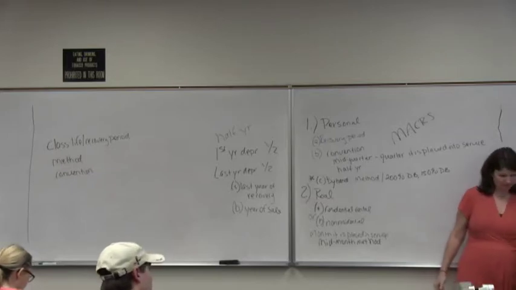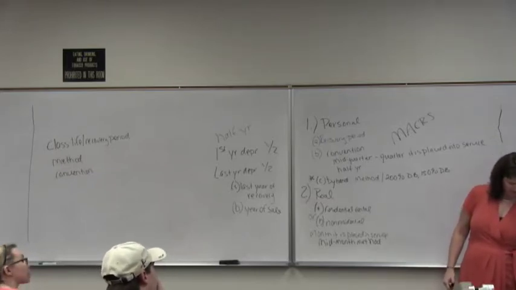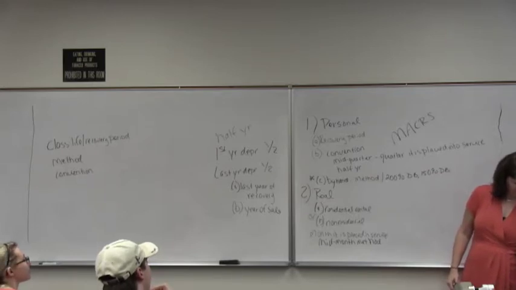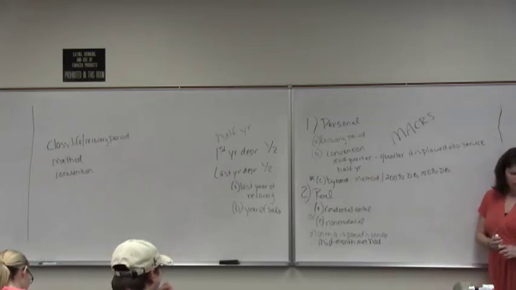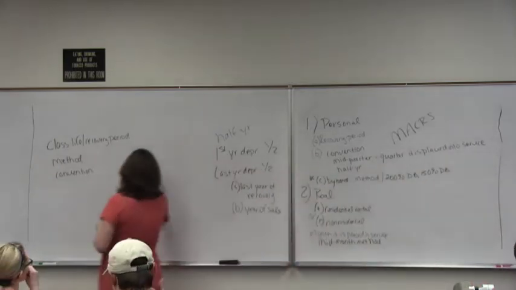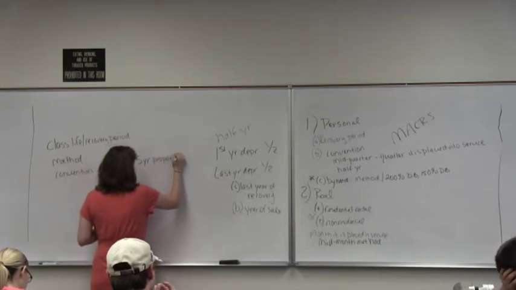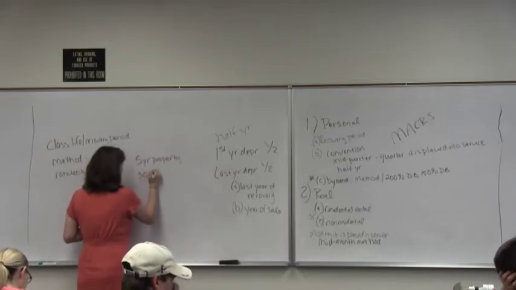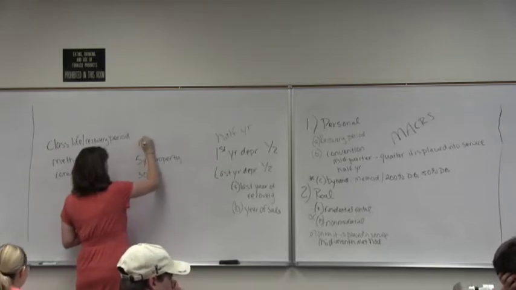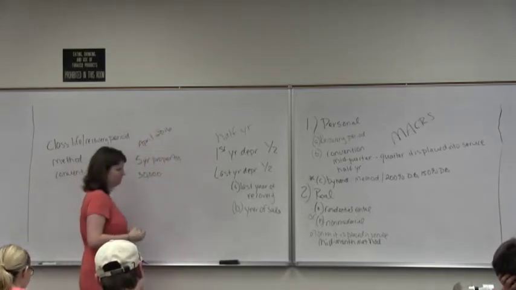So, let's look at an example in the book. This is example 3. Kareem acquires a 5-year property, and he's paying $30,000 for it, and it is placed into service in April 2016.